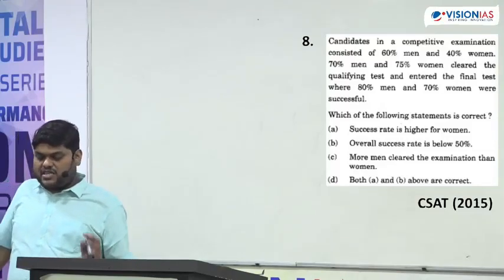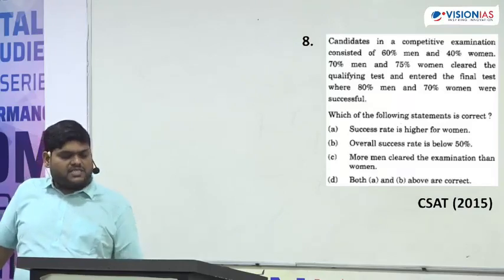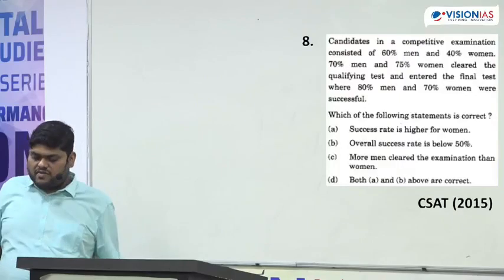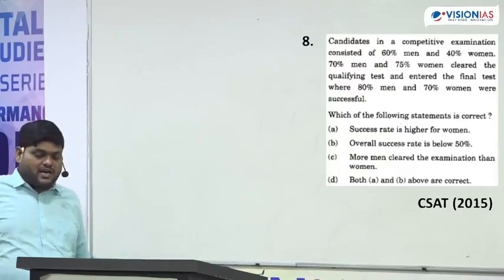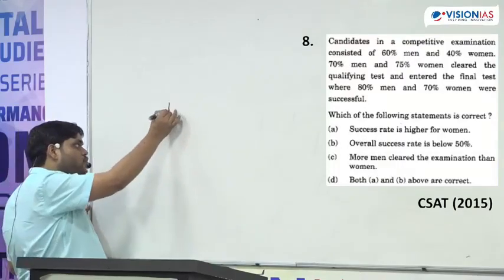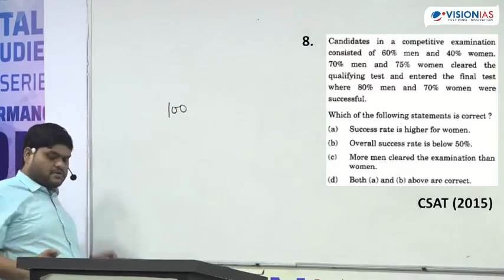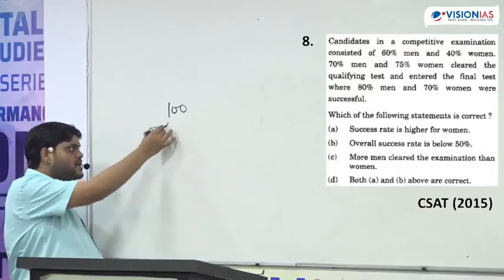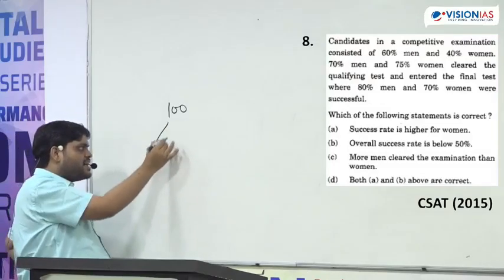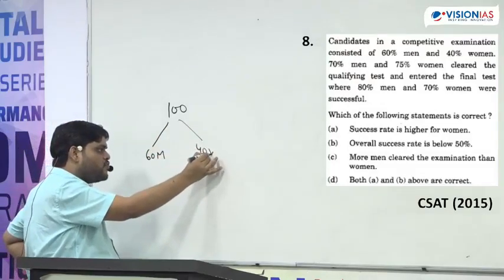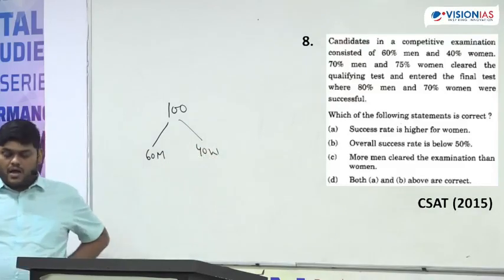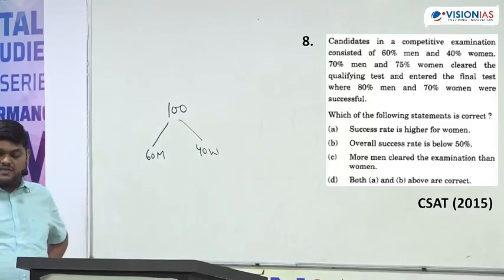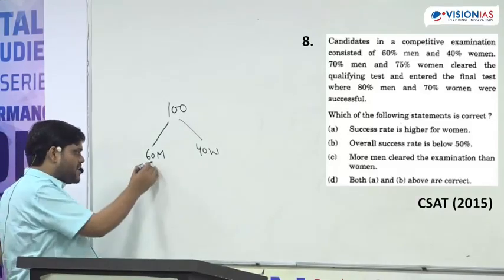The same logic, all data are given in percentage. We will try to take 100, or according to the question we will change. So how can we solve? Let's take total candidates as 100. Out of this, 60% are men. That means 60 men are there and 40 women are there. Now, 70% men and 75% women clear the qualifying test.